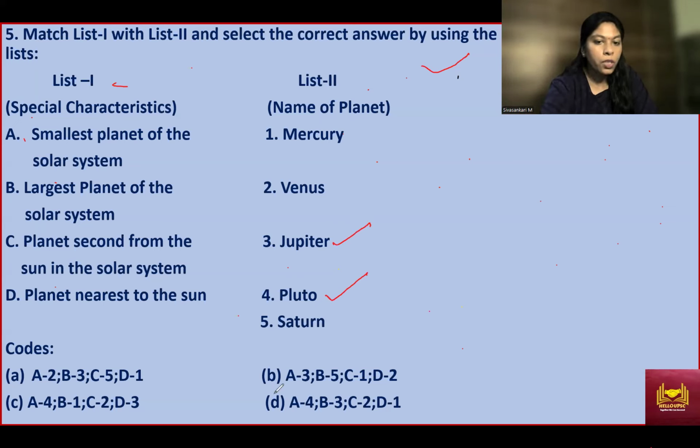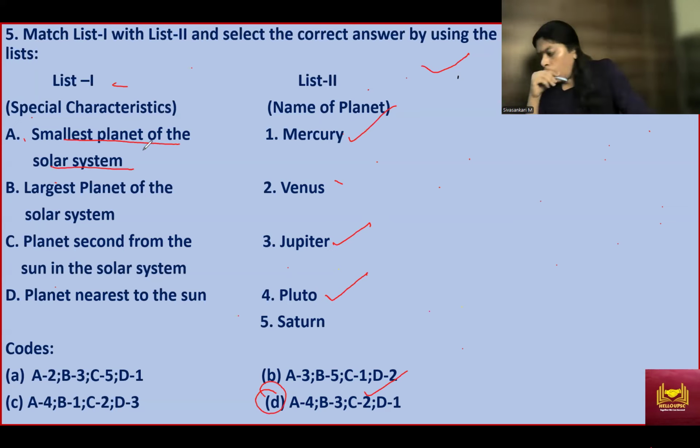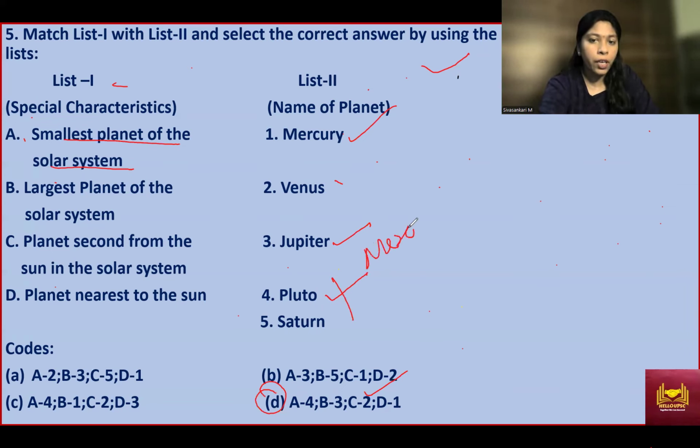So come to this option. D carries it: A is 4 and B is 3. Then the planet second from the sun in the solar system is Venus, so C is 2. D, the planet nearest to the sun, is Mercury. See, there is the small correction I told you. Smallest planet of the solar system now is not Pluto, it is Mercury. Do the correction.